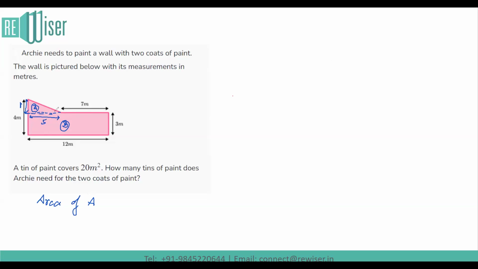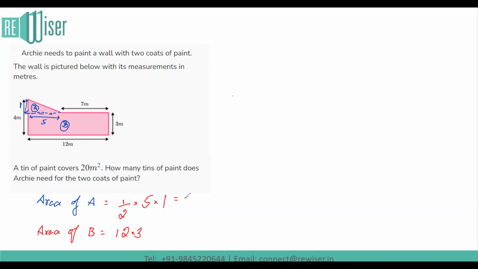So in that case, area of shape A is going to be half into base into height. Half into the base is 5 and the height is 1. And area of B is going to be its length into height, which is 12 into 3.